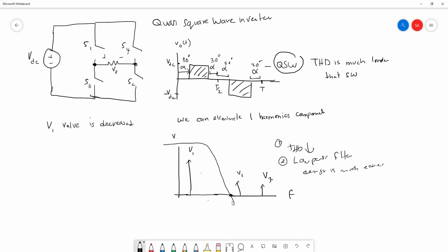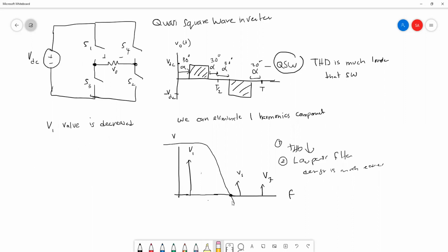For the square wave, your V1 magnitude is 4 VDC over pi. But for quasi square wave, the voltage V1 will be reduced because of the angle that you use, and this value of V1 also depends on the angle that we use to eliminate the harmonics.